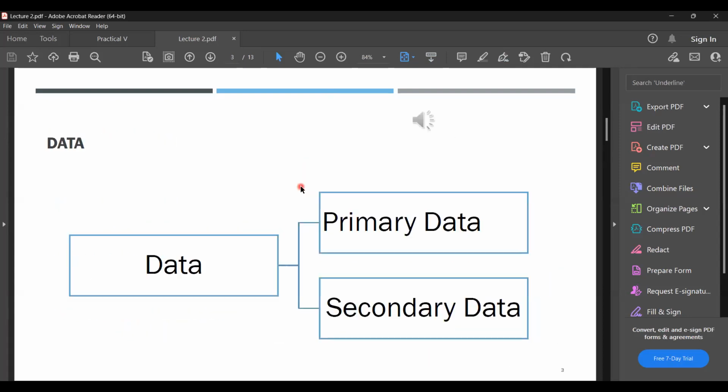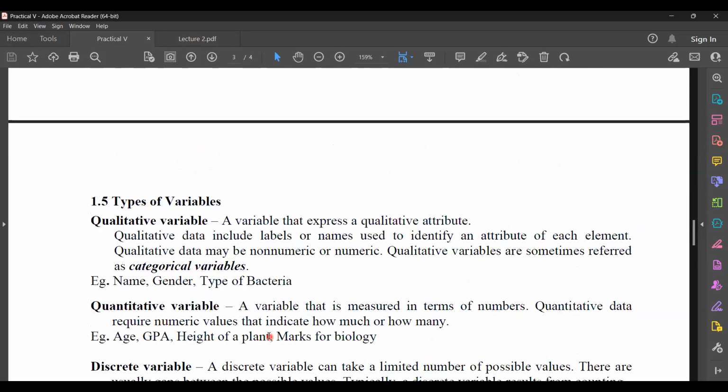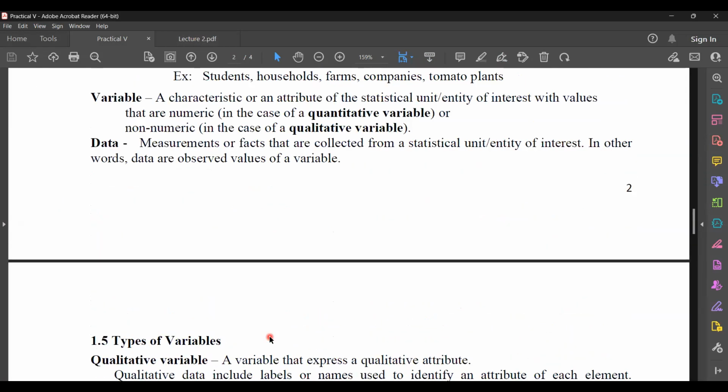So what is data? Data, as we discussed earlier, are the measurements of facts that are collected from a statistical unit or entity. Or in other words, data are observed values of a variable.